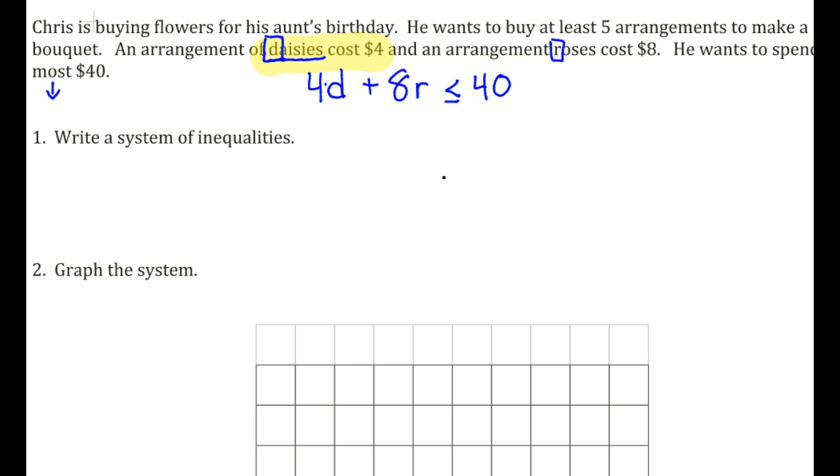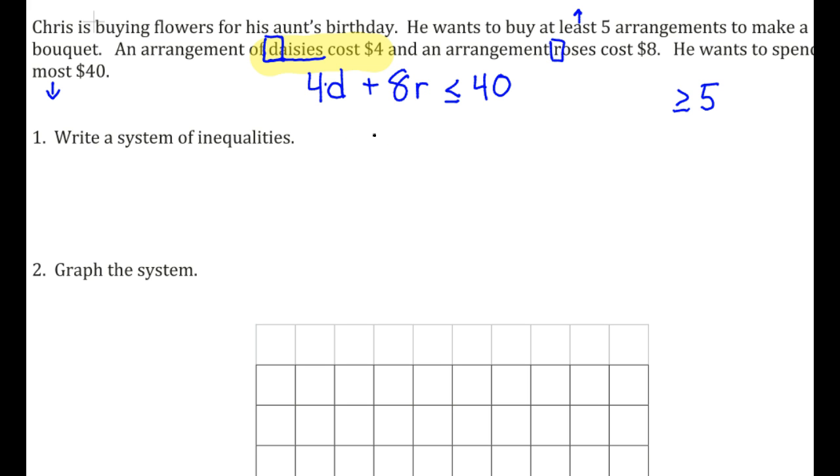So that's a way of developing inequalities and equations in a way that makes sense. Another one was, well, you have to have at least 5 arrangements. You have to know, again, English language. At least means that many or more. Okay? So we have 5 or more arrangements. Arrangements of what? Arrangements of bouquets. What flowers are in the bouquets? Well, daisies and roses.